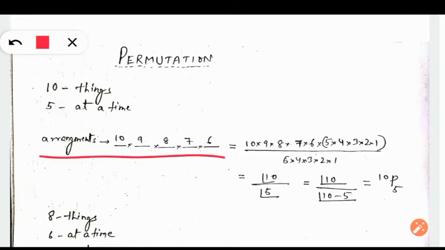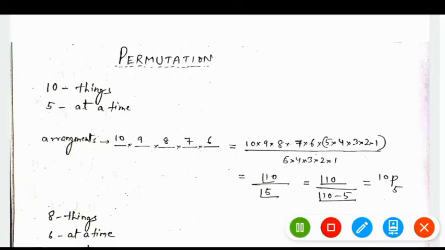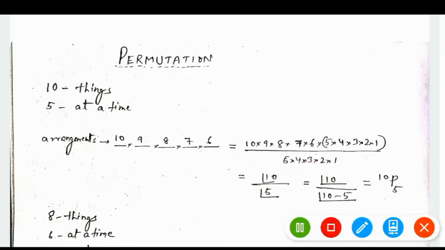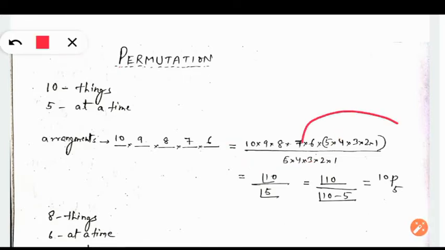Now can we write this like this: 10 into 9 into 8 into 7 into 6. Okay, this is whatever we have. Now I have used this extra term, 5 into 4 into 3 into 2 into 1.